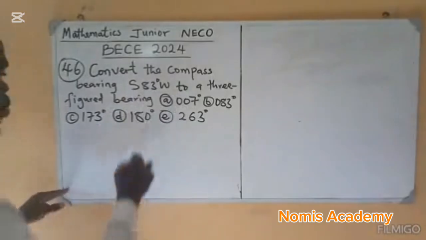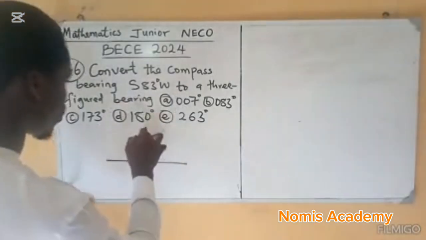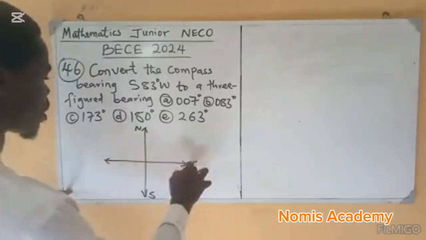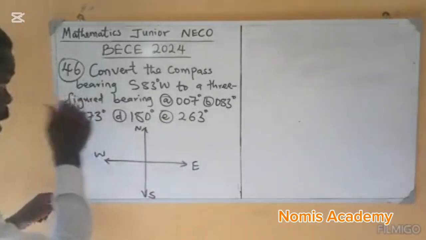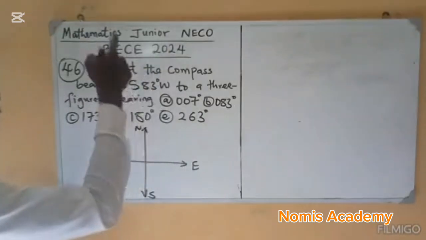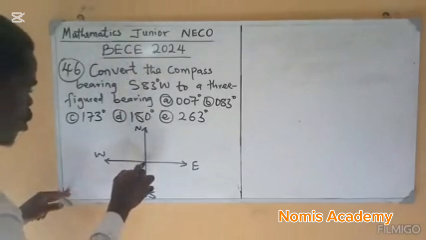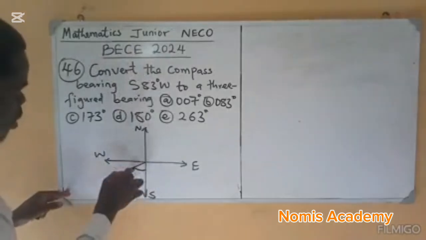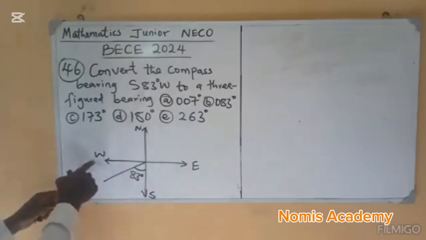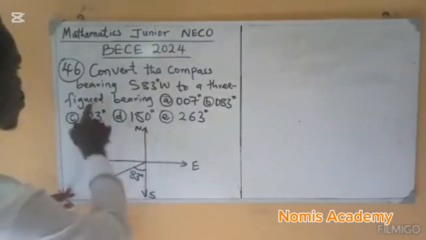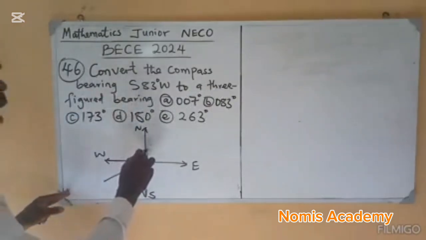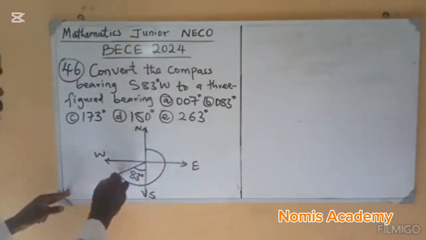We need to draw the cardinal points. Okay, we have the north, this is the south, here is east and west. 83 south of west, so it should be somewhere here. Now to convert to three-figured bearing, since we are starting from the north, we count to the place where we have the line.